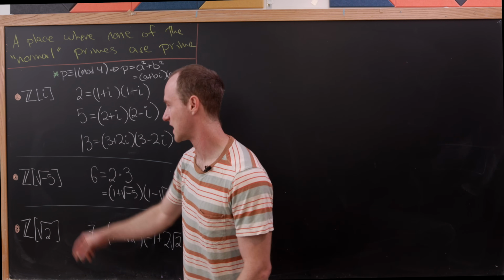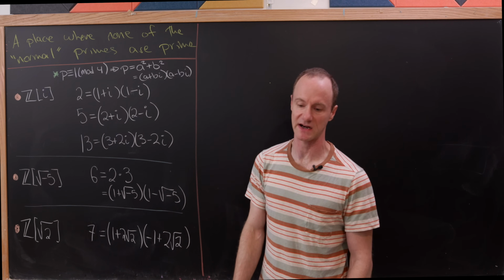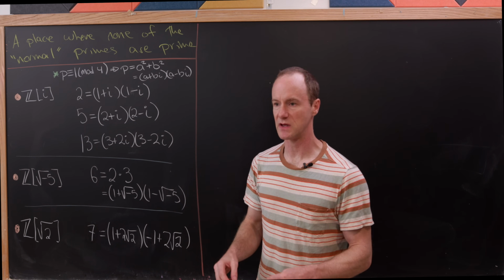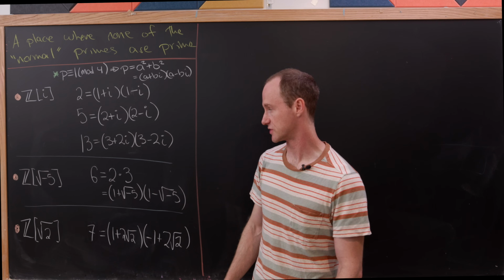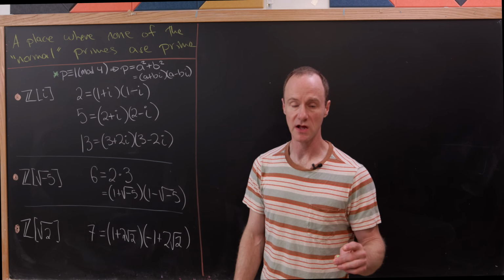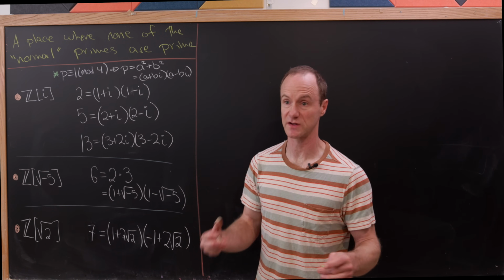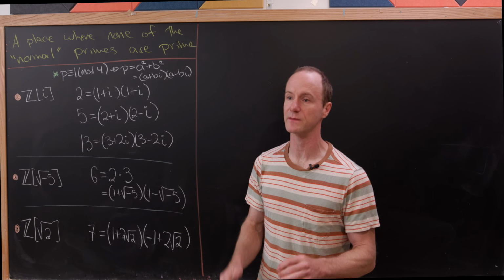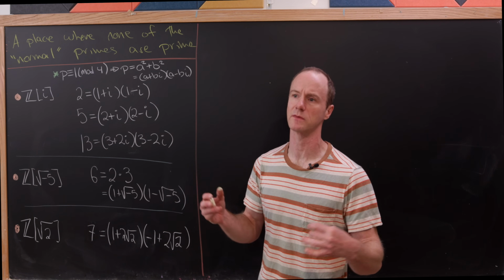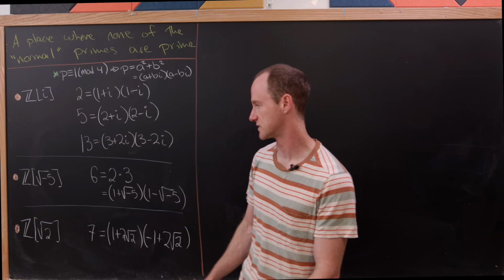Now, here are some quick other examples. Let's say we are inside of Z adjoin the square root of minus 5. So that's just going to be everything of the form a plus b root minus 5, where a and b are integers. Here, the notion of primeness falls apart in another way. I wouldn't say it falls apart for everything, but it falls apart for certain numbers that are primes inside of the integers.